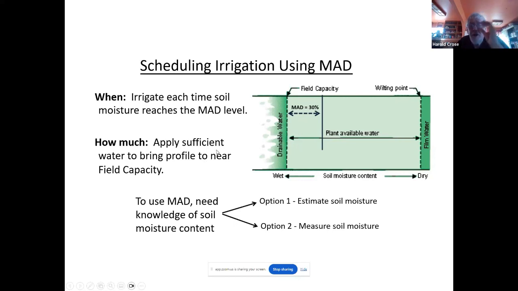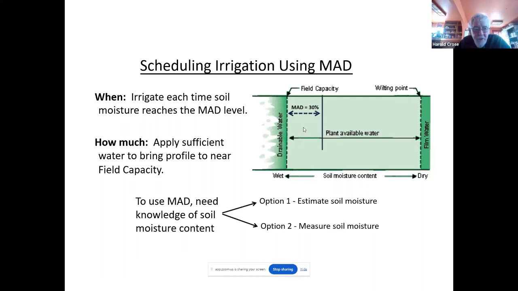It just can't take any more. And then in this case, for this crop, we said the management allowed depletion is 30%. So when we use 30% of the water in that soil profile, we want to come back and put that 30% back on. This would typically be a sandier soil that doesn't hold a lot of soil moisture, and so you're really going to have to manage that a lot closer. Your frequency of irrigation is going to be a lot closer.